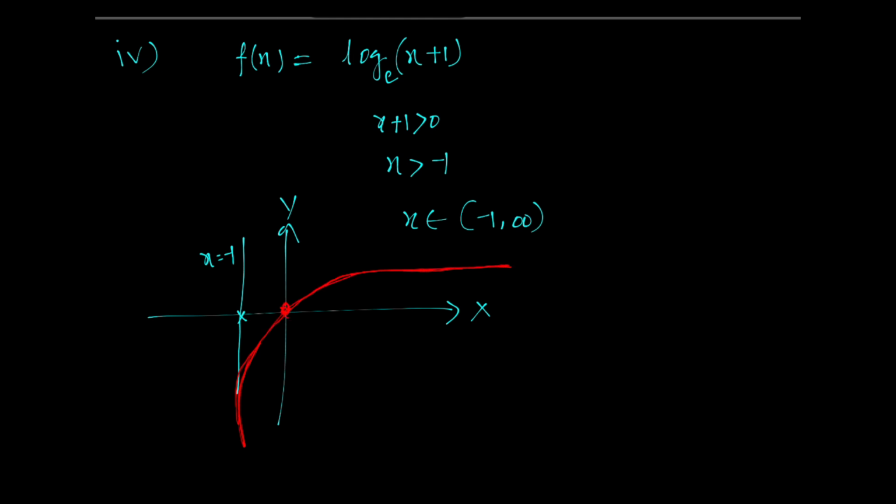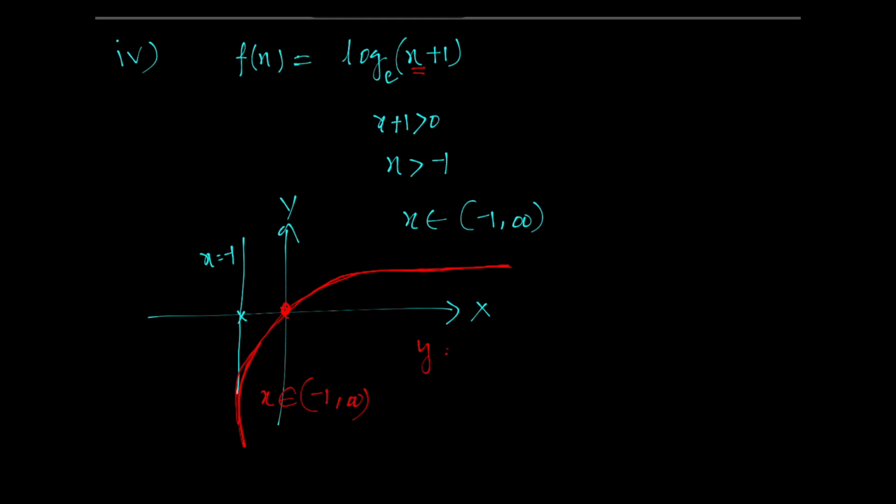It passes through the origin. At the origin x equals 0, so when I substitute x equal to 0 in this expression, log base e of 0 plus 1 is log of 1, which is always 0. Hence the function f of x passes through the origin, and the x values belong only to minus 1 to infinite. It is an open bracket, not a closed one. And what about the value of y?